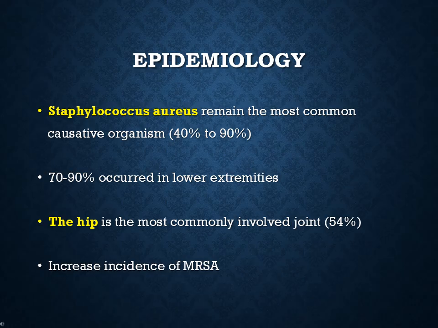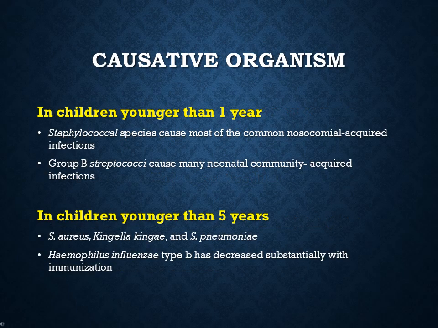Overall, osteomyelitis continues to represent a significant clinical problem due to its predilection for children and adolescents, its tendency to involve weight-bearing bones, and the evolving pattern of antimicrobial resistance. In children younger than 1 year, staphylococcal species are the predominant cause of nosocomial-acquired osteomyelitis, while group B streptococci are responsible for many community-acquired infections in the neonatal period.